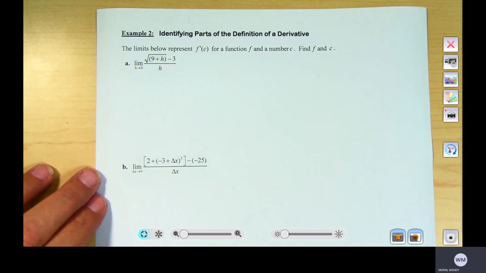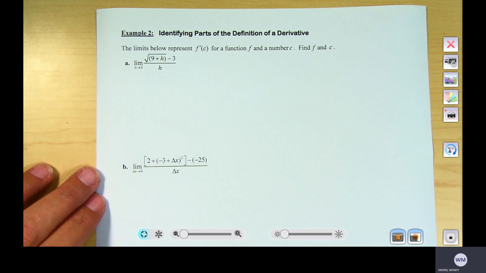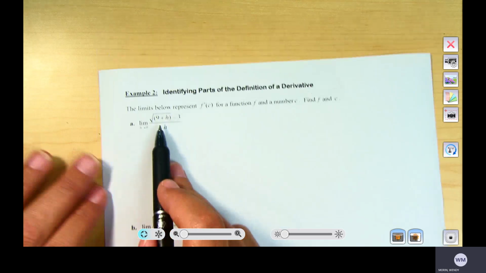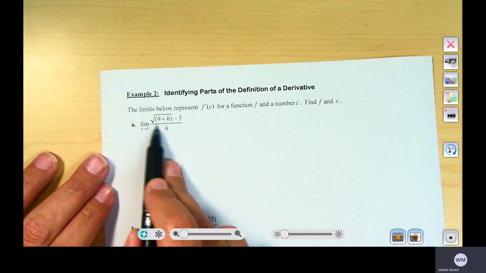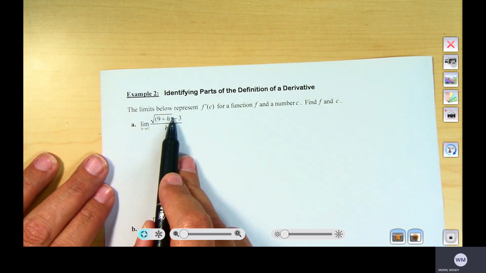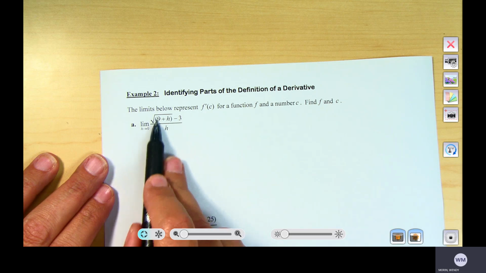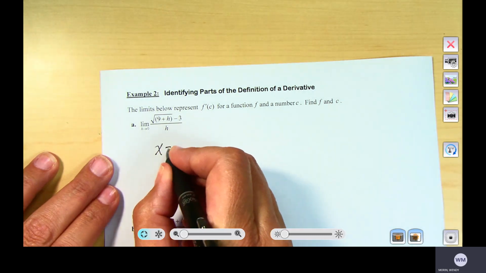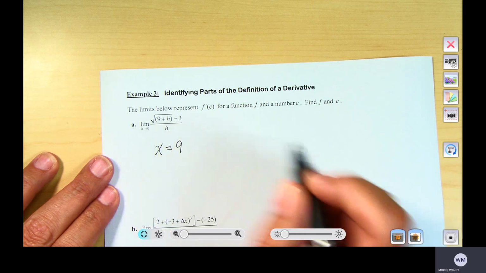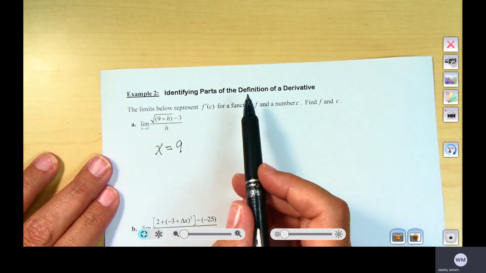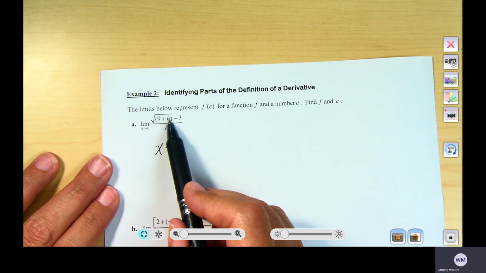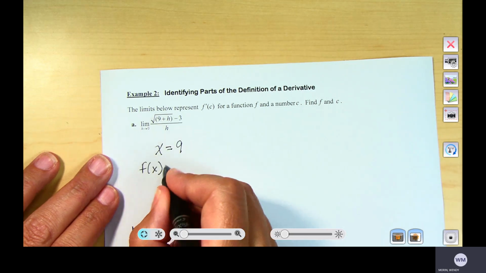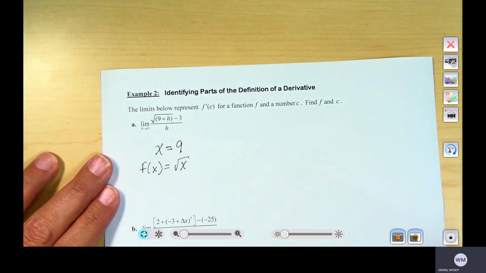For this particular problem, this is as h approaches 0. This is f of x plus h. If this is f of x plus h, then that means our x value must be 9, and our function must be the square root of x.